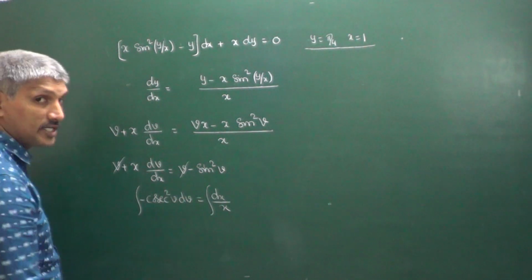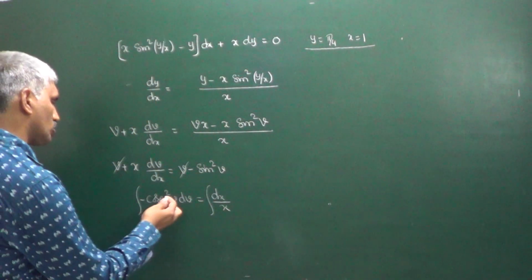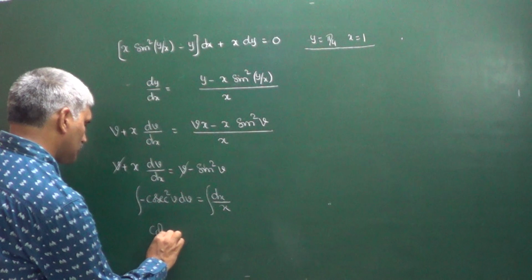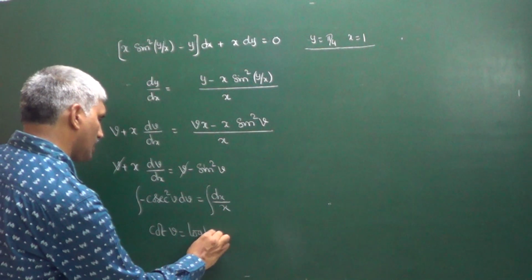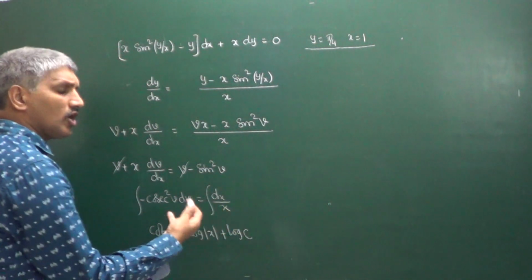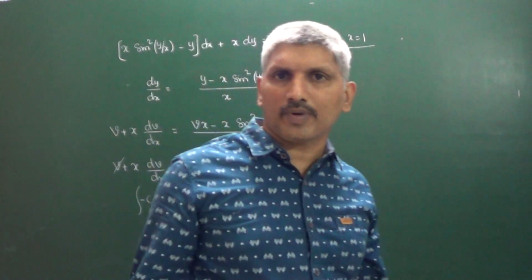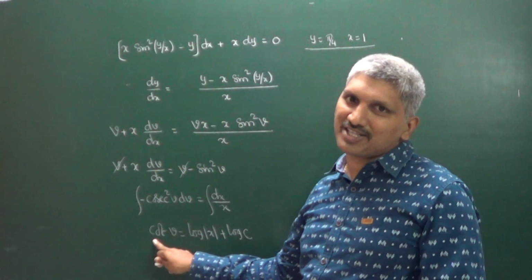You know cosecant square v integration is minus cot v. But here we have minus cosecant square v is there. That's why we can write cot v is equals to log mod x plus, take the constant of integration also, log c. Whether you are taking log c or plus c, it makes no difference here because this side logarithm is not there.